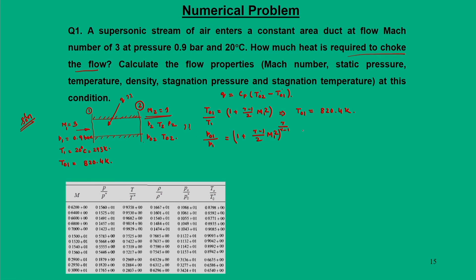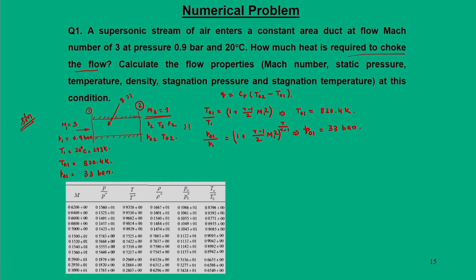So, this will say P naught 1 would be 33 bar. So, I say P naught 1 is 33 bar.